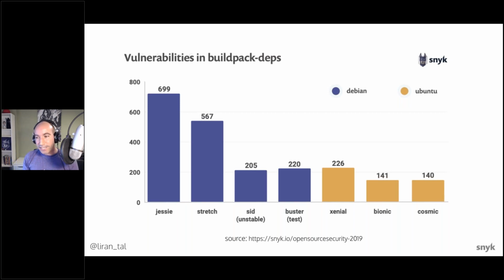This is a conscious decision: if someone is using Debian Jessie, for example, they'll be pulling in 700 vulnerabilities by default, just by making that maybe non-conscious choice. They could, for example, have used Ubuntu Xenial or something else, or maybe Debian Stretch, to pull in a little bit less if that was good enough for the Docker image.